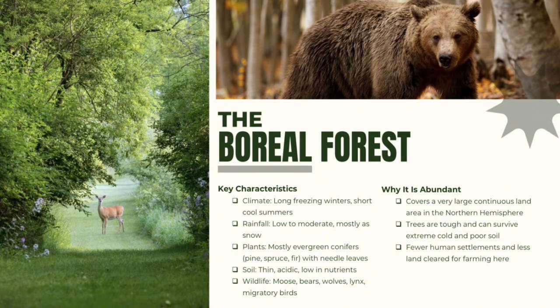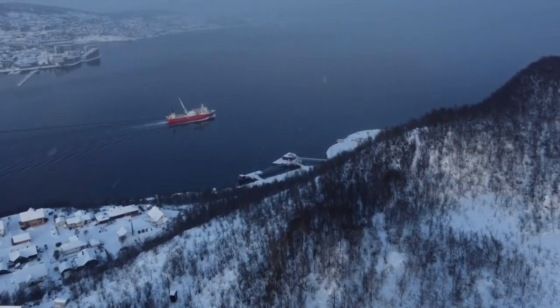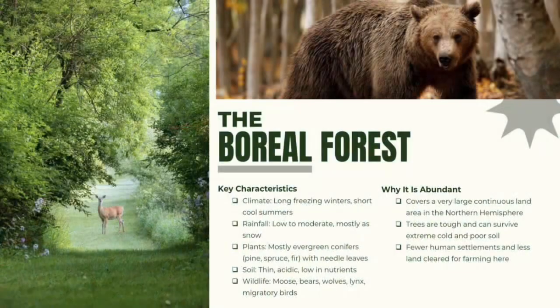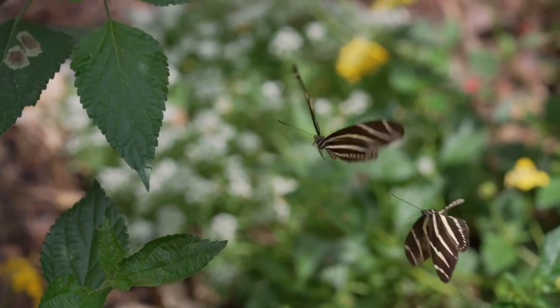And days are very long, especially near the Arctic Circle, where the sun barely sets. So this helps us understand that this forest has a short growing season, so plants and animals only have a narrow window to grow, breed, and store energy.